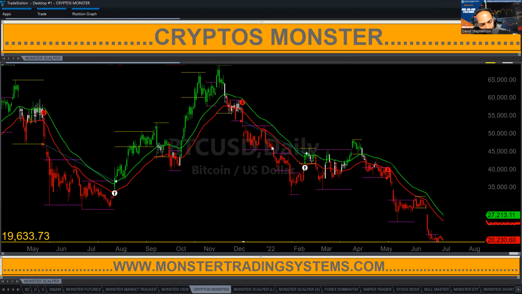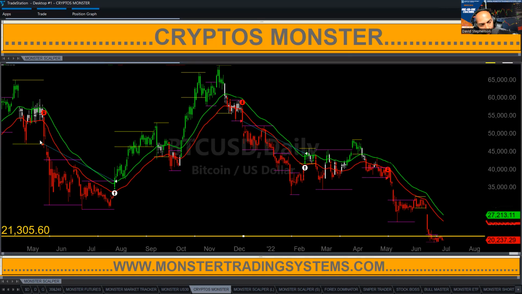Like right here, when the price broke support, look at all the sellers that came in. When it kept breaking support, and kept breaking support, and kept breaking support.